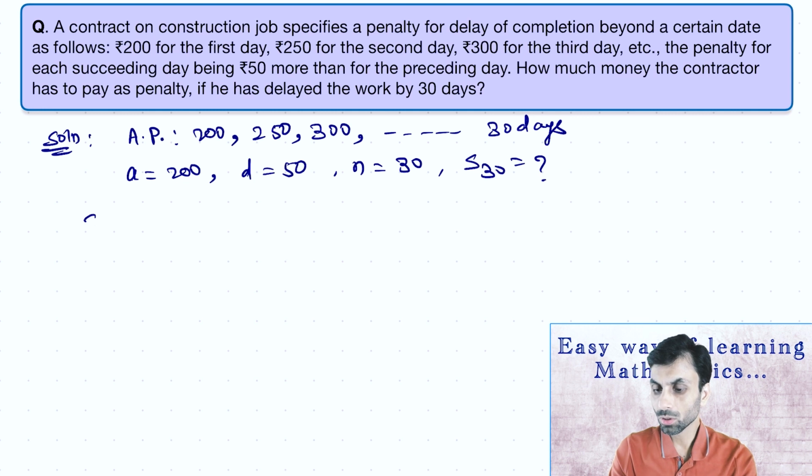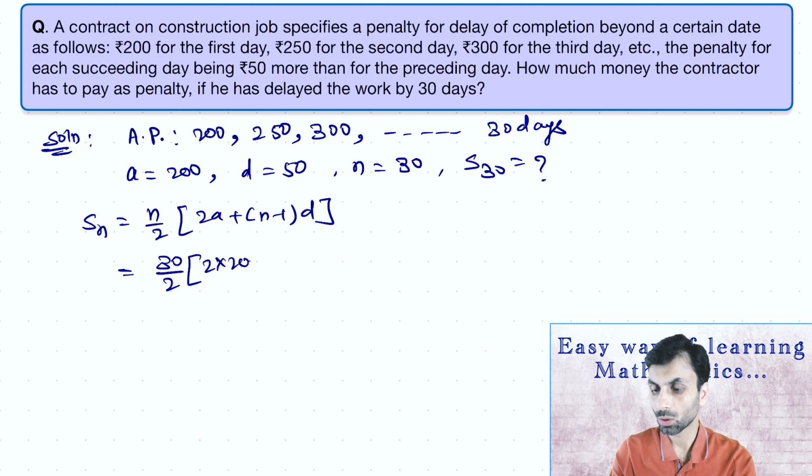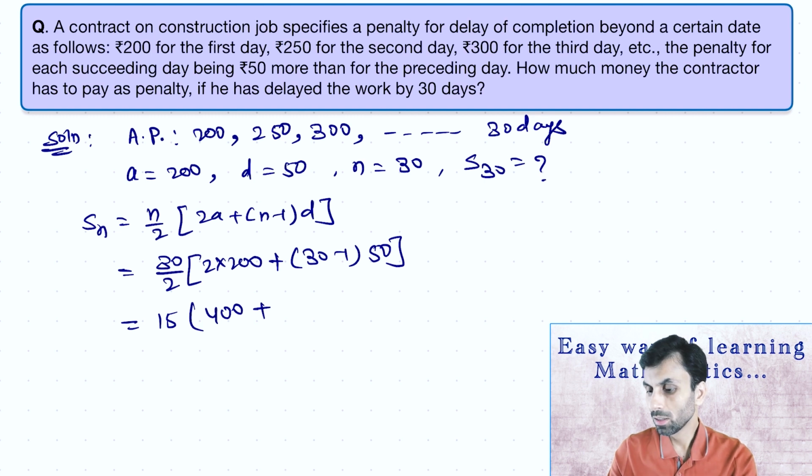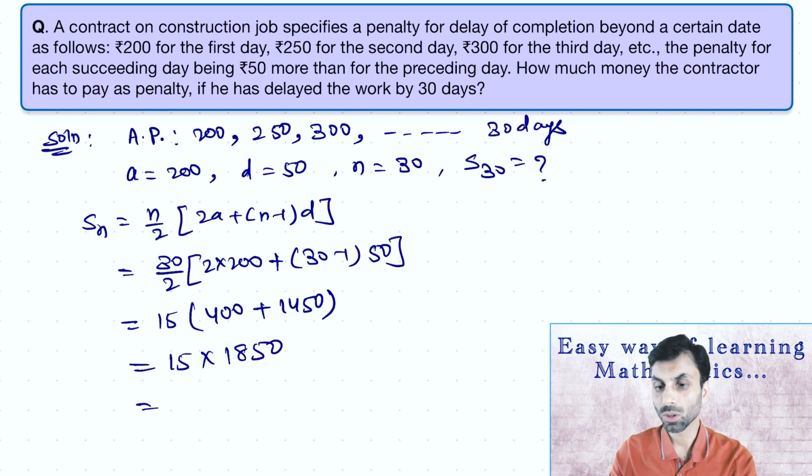So here if you use the Sn formula, which is n by 2 into 2a plus n minus 1 into d, it will be 30 upon 2 into 2 into 200 plus 30 minus 1 into the common difference 50, which we can write as 15 into 400 plus 29 into 50, that will be 1450, which we can write as 15 into 1850, and on solving we'll get the value as 27,750 rupees.